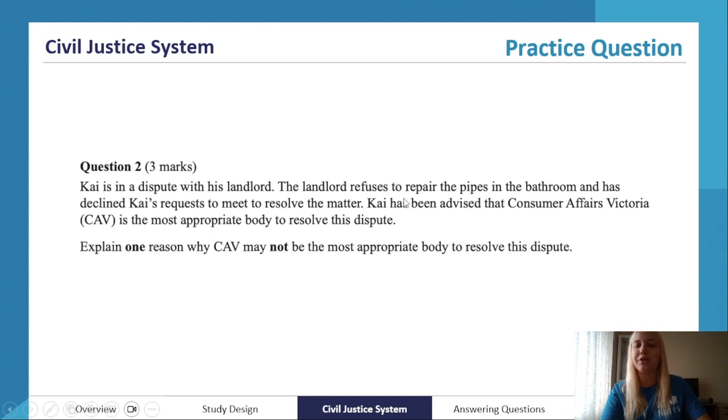Well, the landlord refuses to repair the pipes, declined Kai's request to meet. So because CAV cannot force parties to negotiate and even to attend conciliation, from the stimulus, it sounds like the landlord is not willing to negotiate and is not willing to show up to conciliation. That's why it's inappropriate. Okay, good.